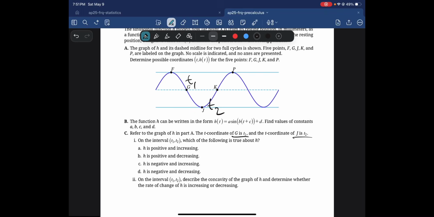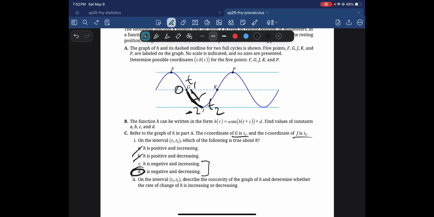Well, this is 0, and this is negative 2, by the way. Those are the Y values. From here to here, it's not positive, so we can mark those two out. It's got to be one of these two, because it's negative, right? And is H increasing or decreasing? It's obviously decreasing because it's negative and it's going down.